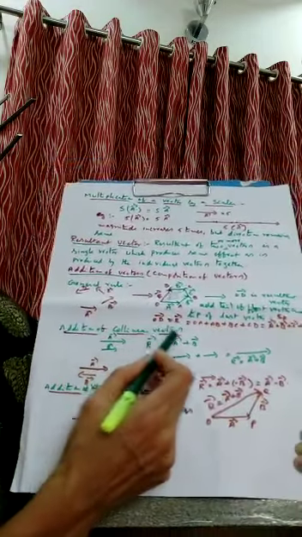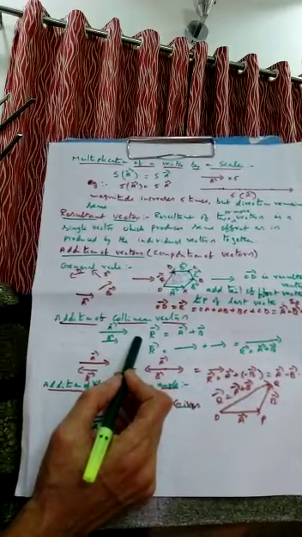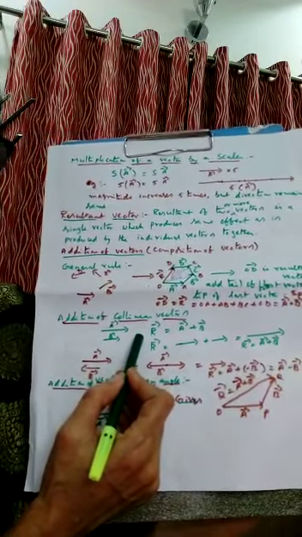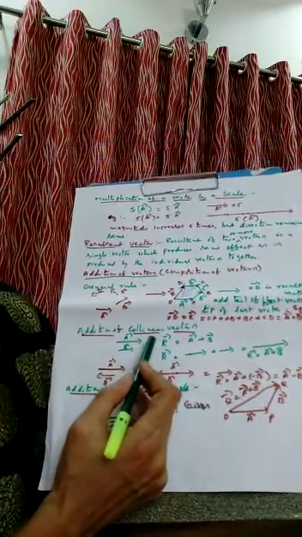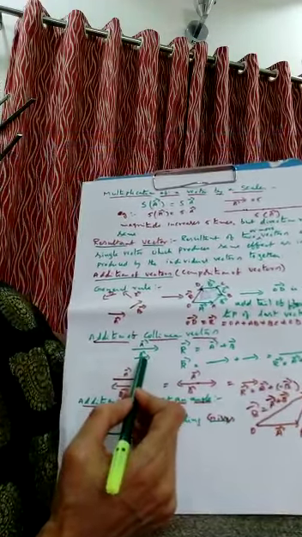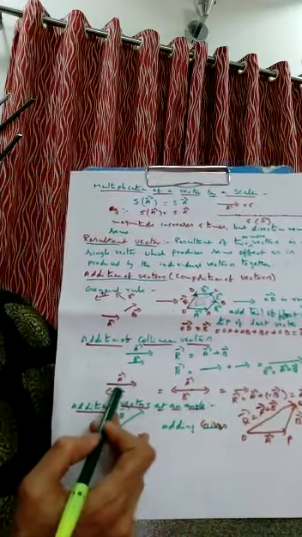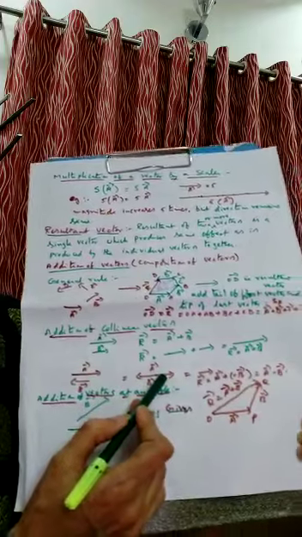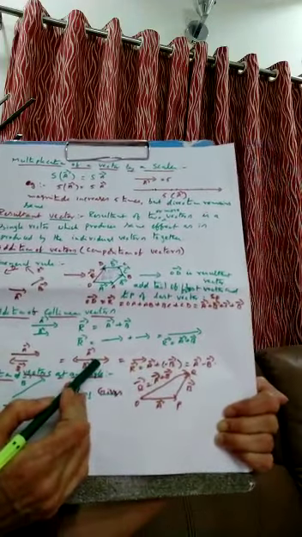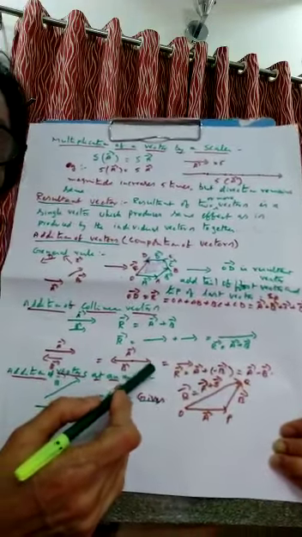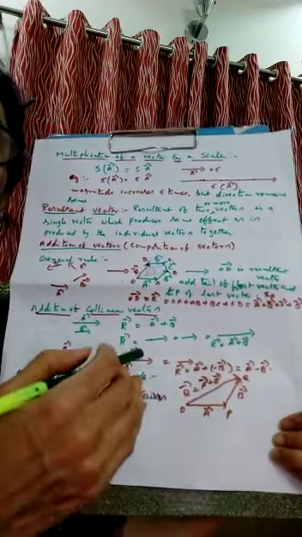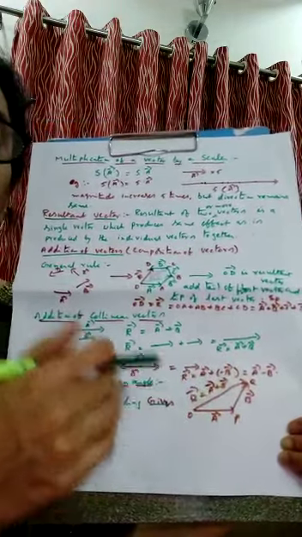Now addition of collinear vectors. You know collinear vectors are those lying on the same line. These A and B are in the same direction. If you want to add them, their magnitudes will be added, that is increased, and the direction will remain the same. If the 2 vectors are opposite, then the resultant vector is in the direction of the vector with the maximum value.